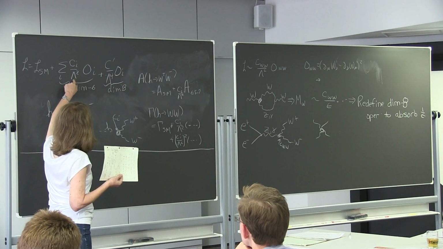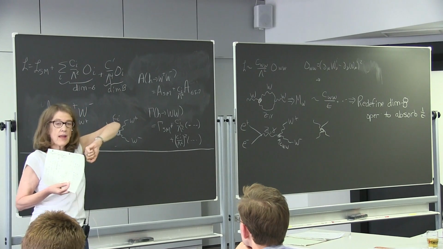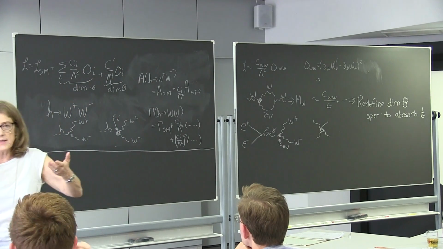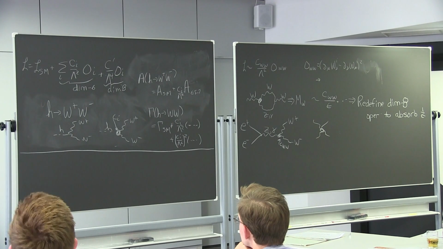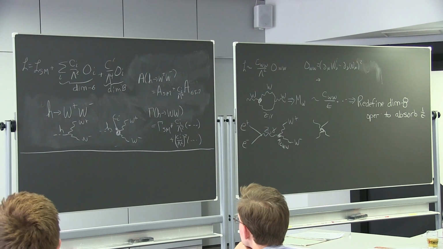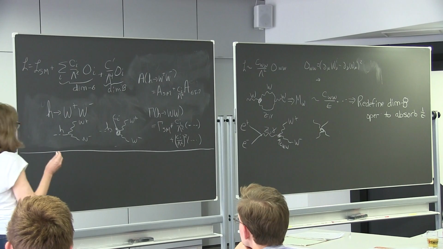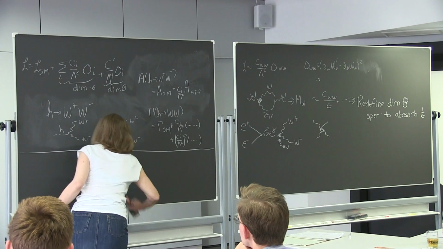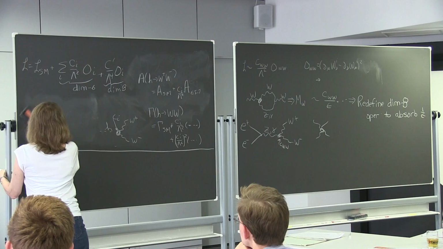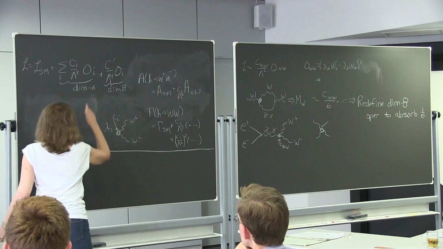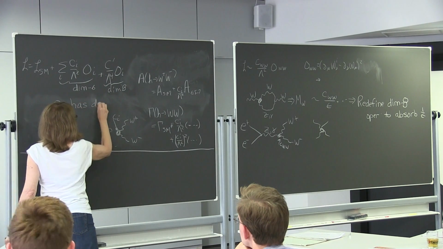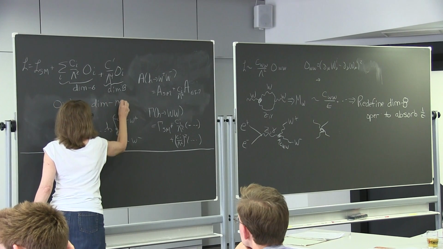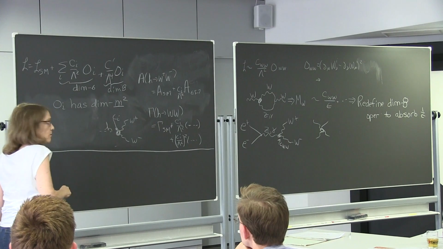So when I take these operators and calculate scattering processes, what comes up? That dimension 6 operator has dimensions, right? So OI has dimensions of mass squared, or energy.